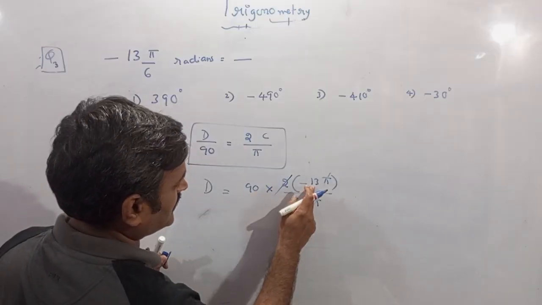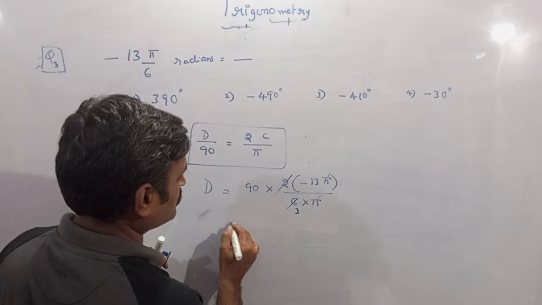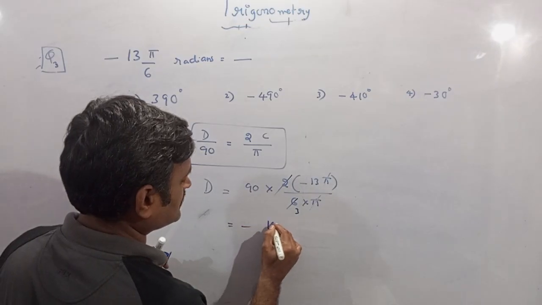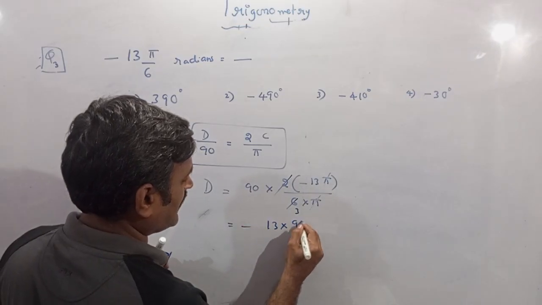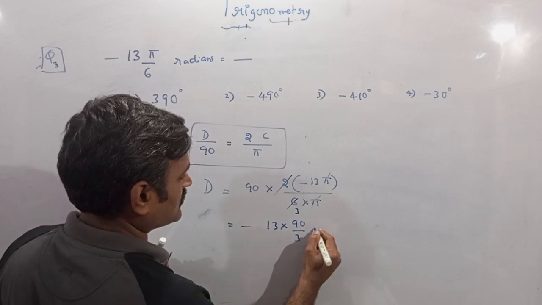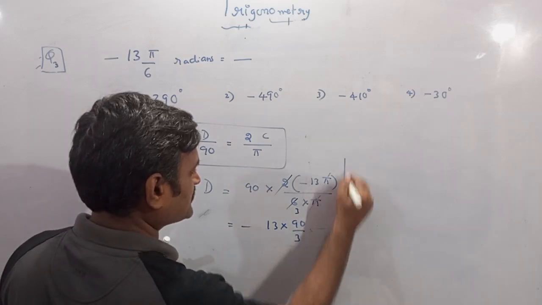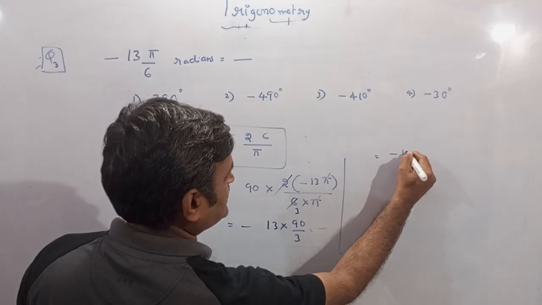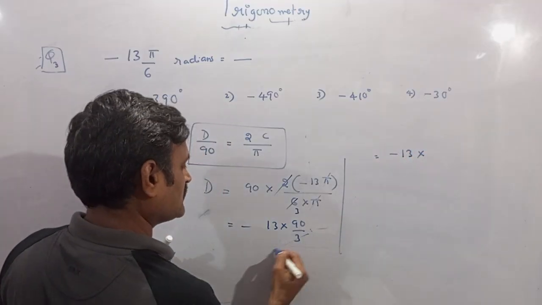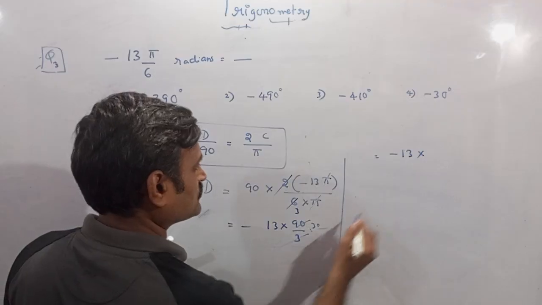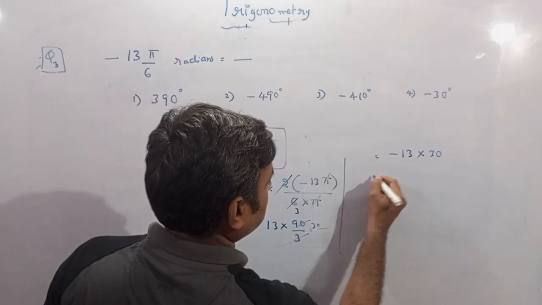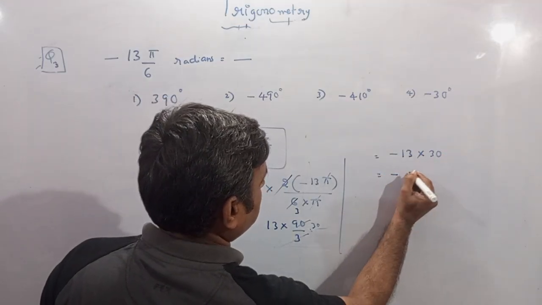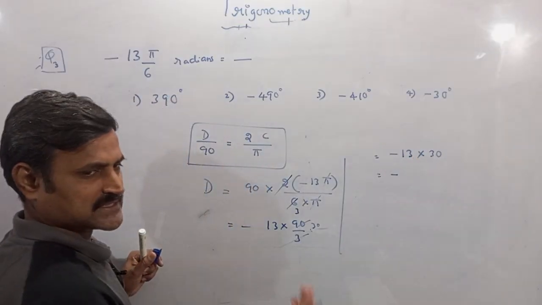So 13 into 90, so what is this? It is minus 13 into 90 by 3. So once again you can write this one as minus 13 into 30, since 3 30s are 90. So 13 into 30 is equal to minus, 13 3s are 39.